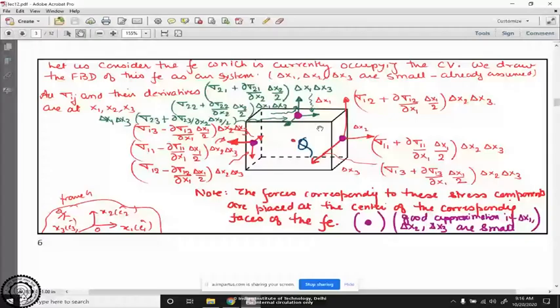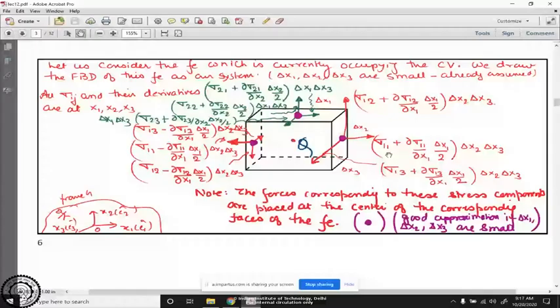So using the values of sigma and their derivatives at the center of mass of the fluid element, I am writing on the right face the various forces that will be acting on the fluid element corresponding to the surface forces.